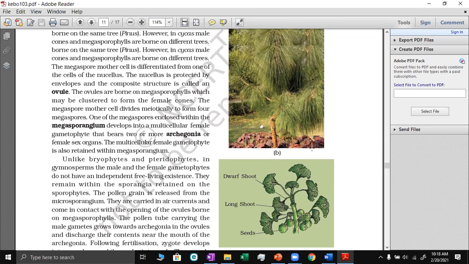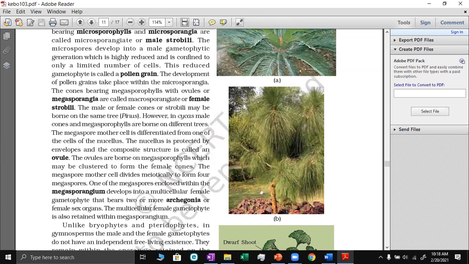In the pine tree, the leaves are needle-like. By this needle-shaped structure, they reduce the transpiring surface, and so they can reduce the loss of water.